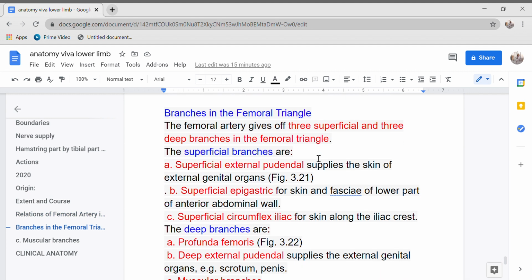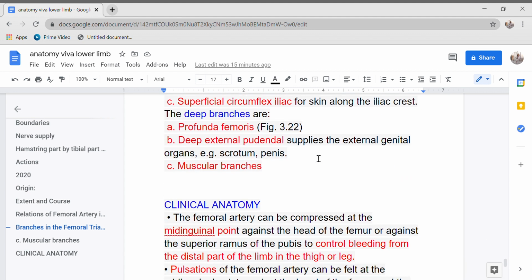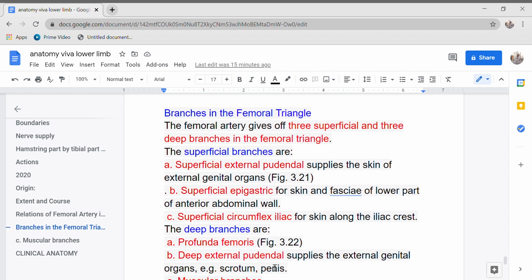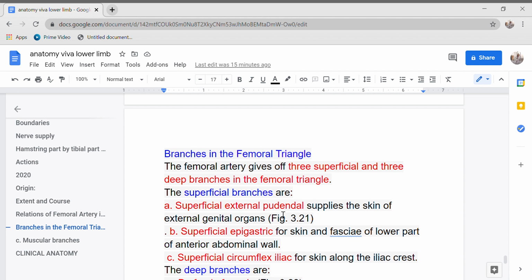What are the branches? Branches are an important MCQ question. There are three superficial and three deep branches. The superficial branches are the superficial epigastric, superficial external pudendal, and superficial circumflex iliac. The superficial external pudendal supplies the perineal region and genital organs.